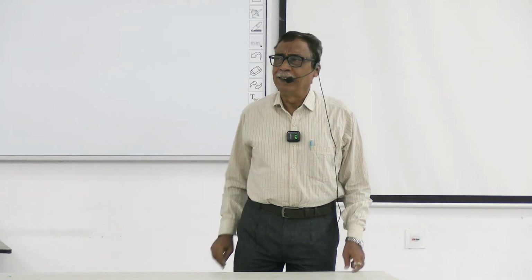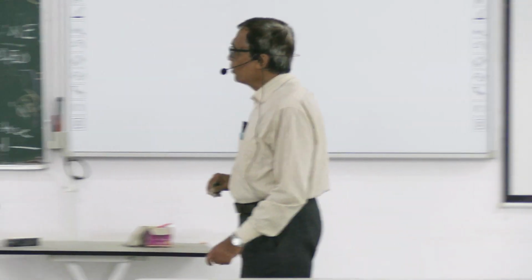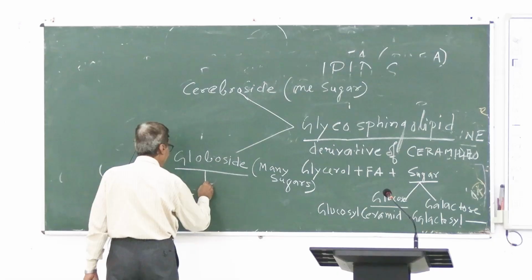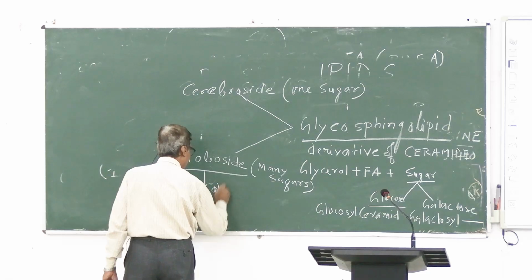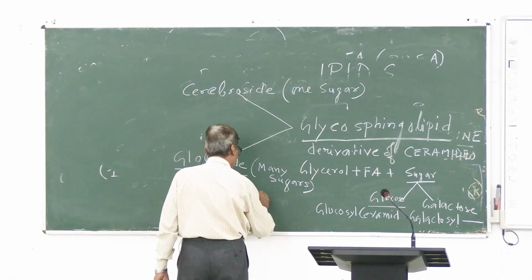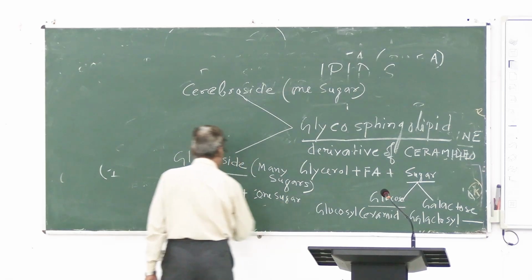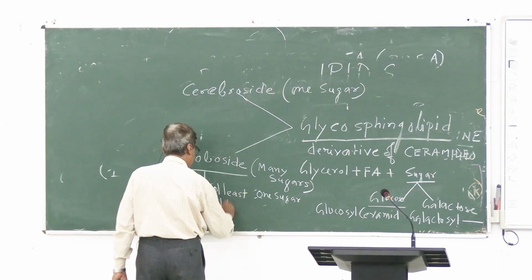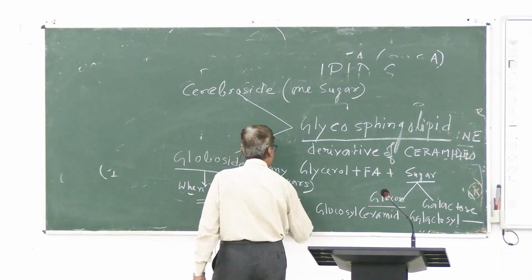And a particular variety of the globoside is called ganglioside. The most complex glycolipid. From globoside, many sugars will be there, sugar or sugar derivative, and at least 1 is sialic acid, or neuraminic acid.